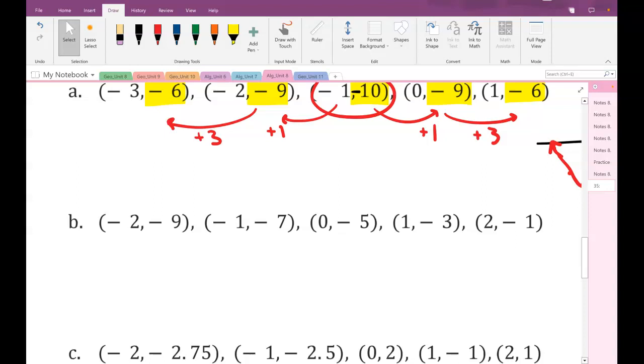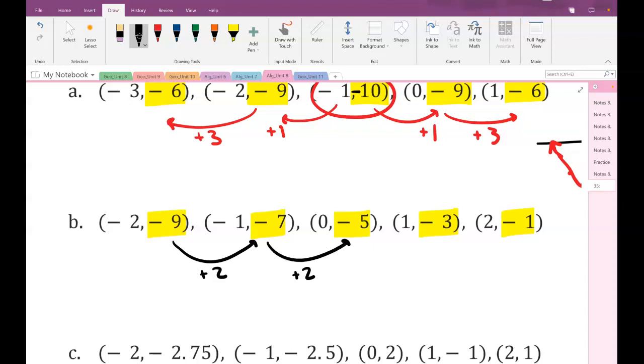All right. We'll talk through our example B now. Our coordinates are -9, -7, -5, -3, and -1. Our pattern here, if we look at the numbers that are highlighted, to go from here to here, we have to add 2.